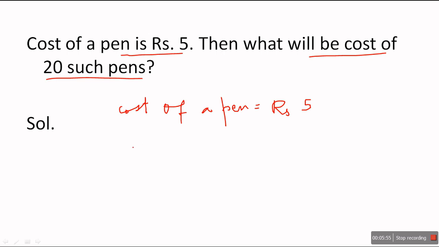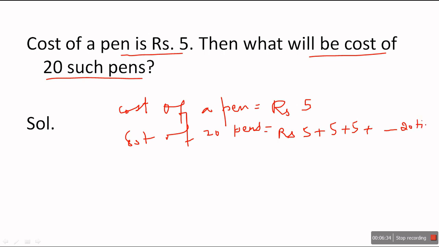The cost of 20 pens will be equal to, what will happen? One pen costs 5 rupees, two pens cost one more 5, and one more pen, plus one more 5. Because it is 20 pens, 5 will be added up to 20 times.